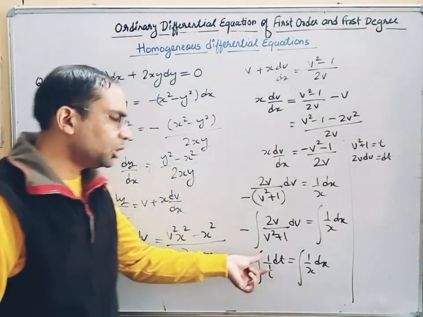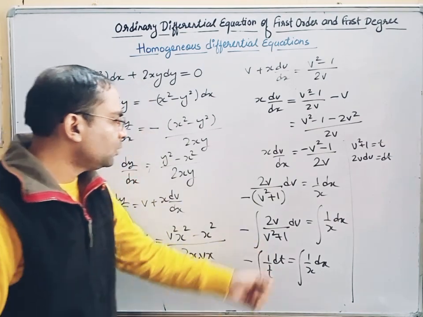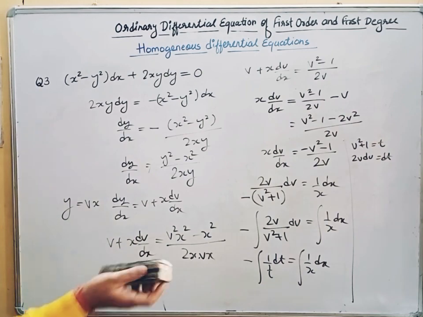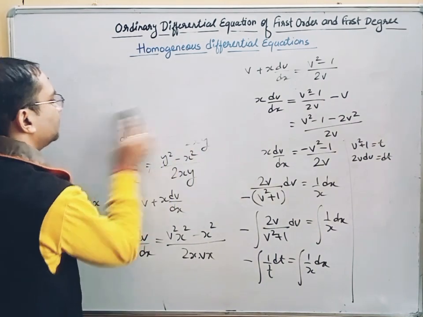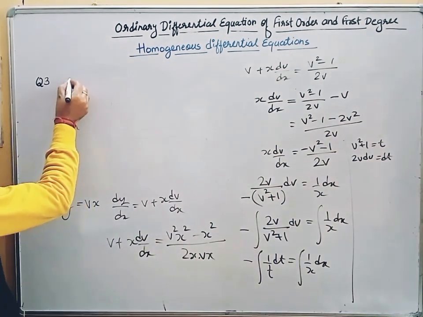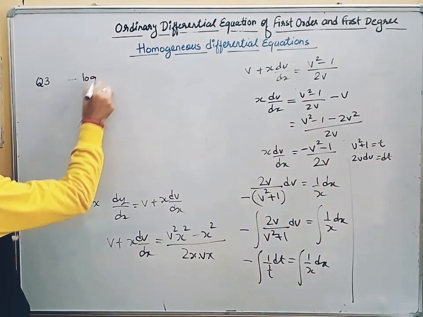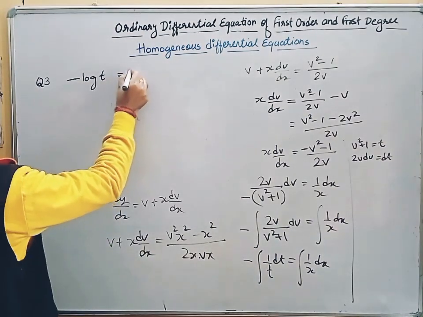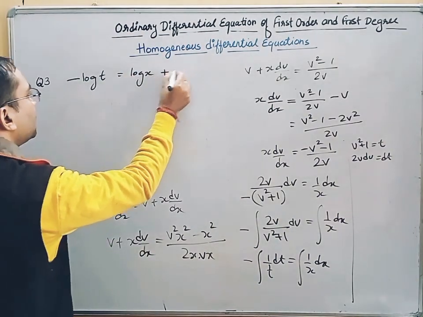So we can see this integral of 1 upon t is log t, and integral of 1 upon x will be log of x. So this left hand side will be minus of log t, and on the right hand side this will be log of x plus c.